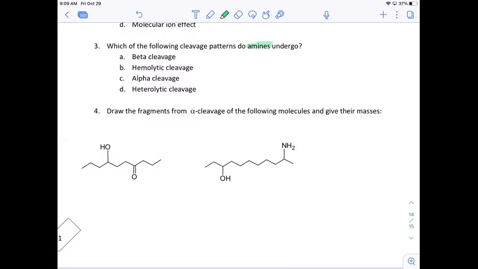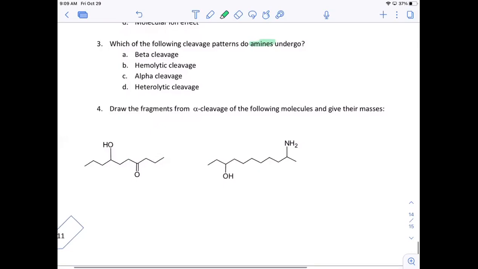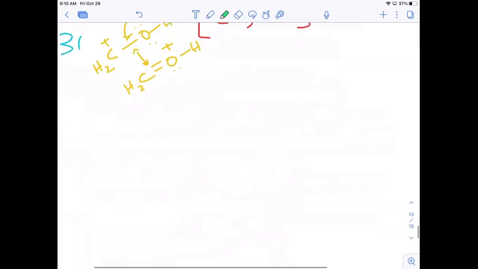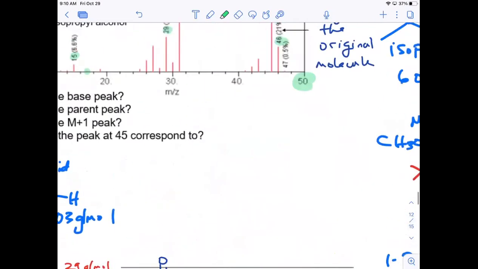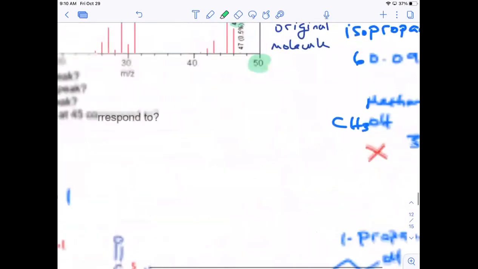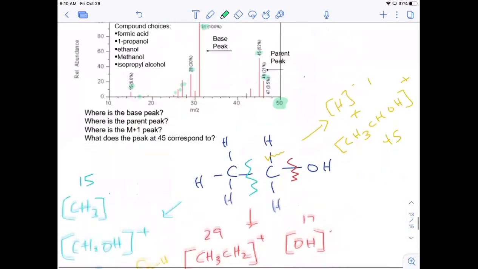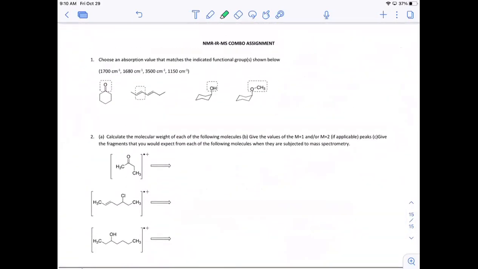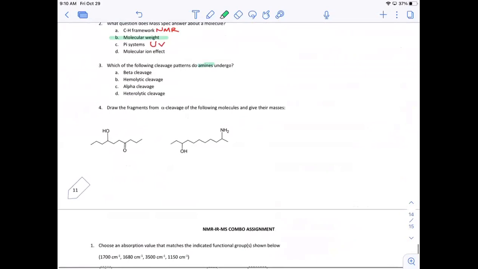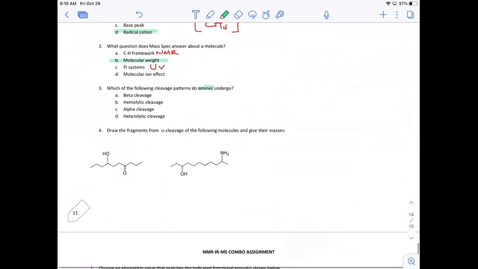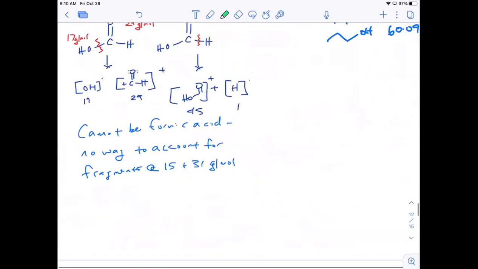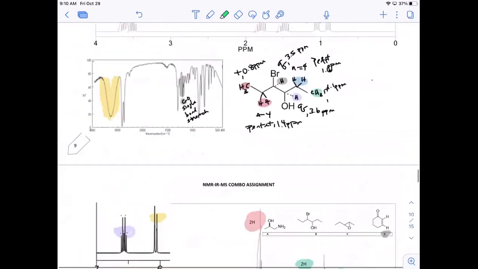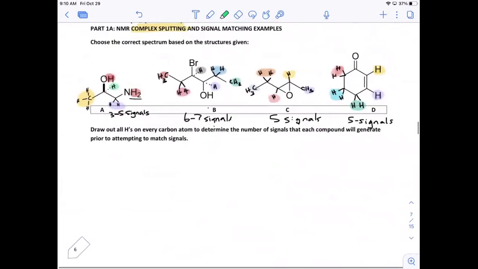One of these is one of the patterns that molecules with different functional groups undergo, right? Let me scroll back up. Did we talk about that in the PowerPoint? Yes, we did.